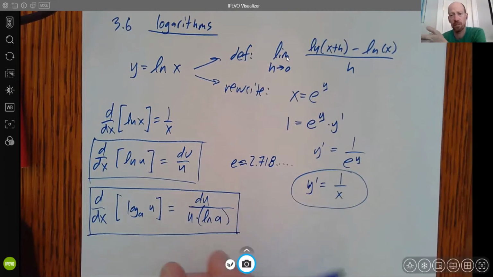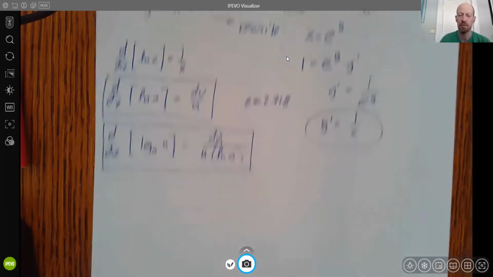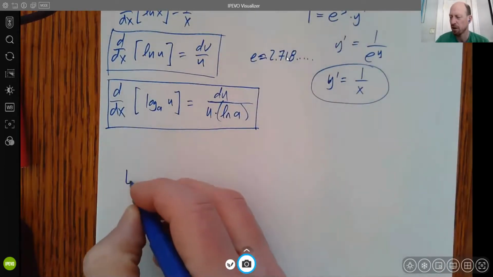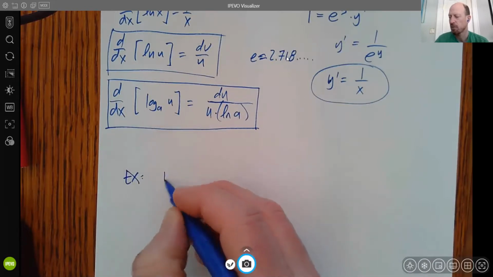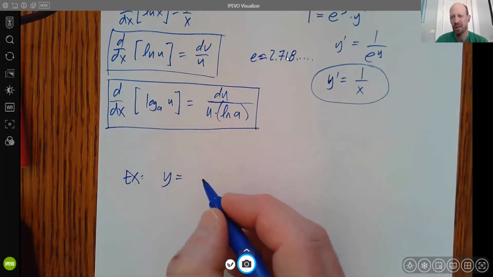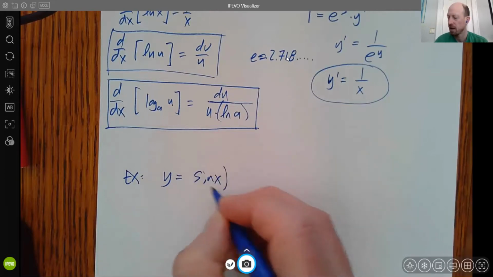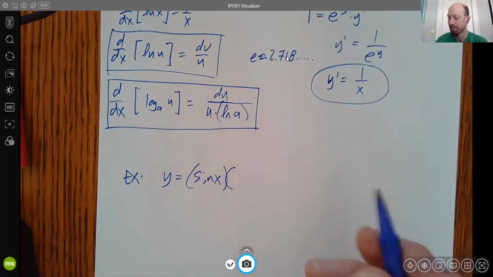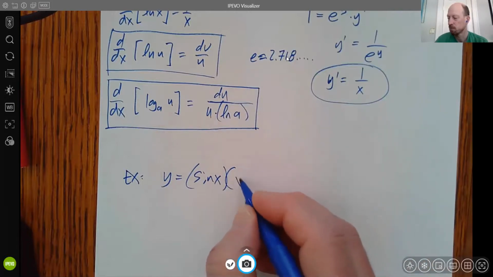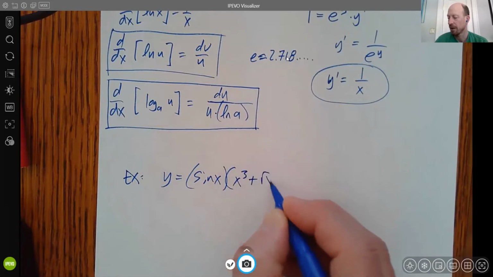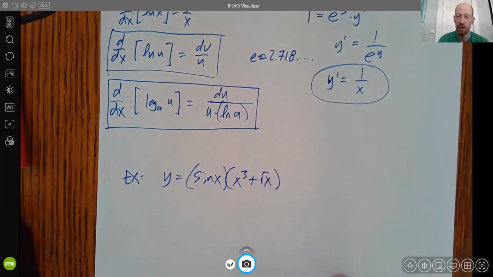And then we talked a little bit on Tuesday about this logarithmic differentiation strategy. You can use that for other problems too, but it's typically not very efficient. So sometimes I'll see people do things like, let's say I have sine of x times x cubed plus the square root of x, and I'm trying to find its derivative.